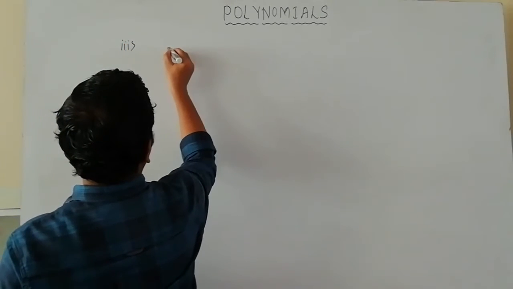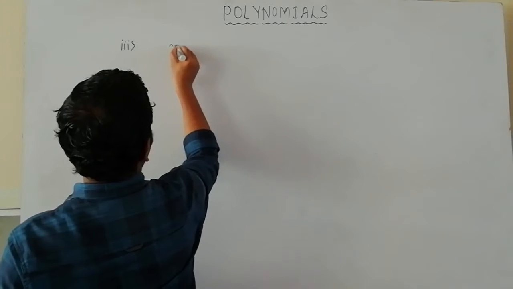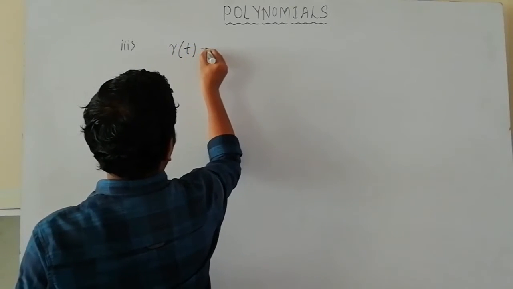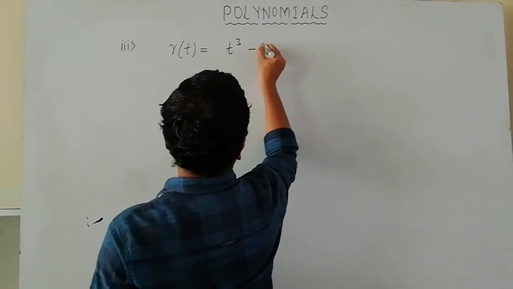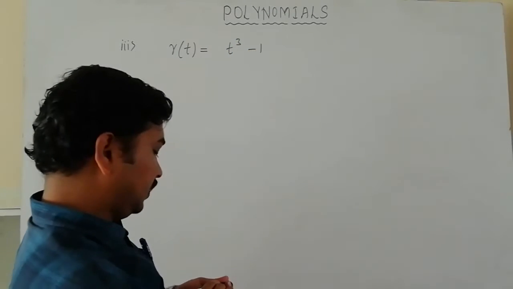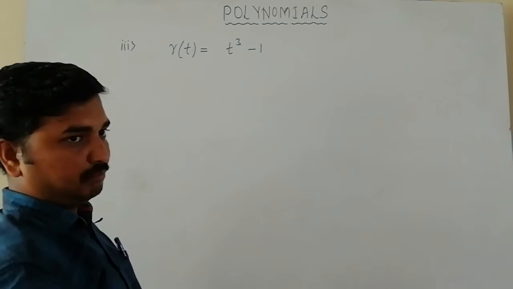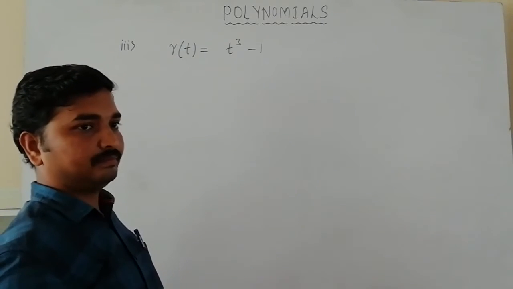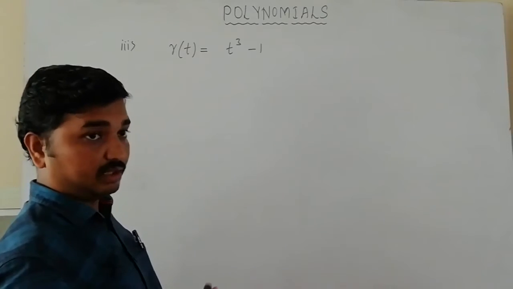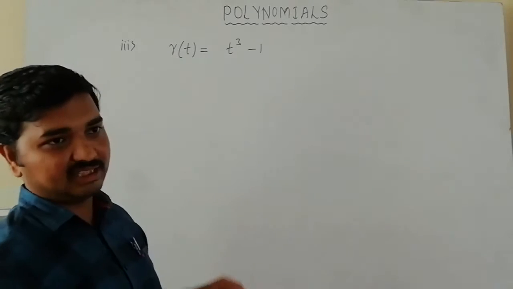R of t is equal to t cube minus 1. So this is also an example of a polynomial, a polynomial in variable t. Now t is the variable in this polynomial.